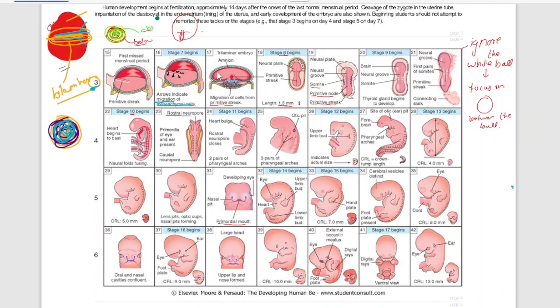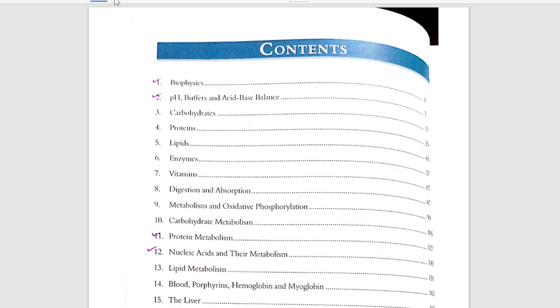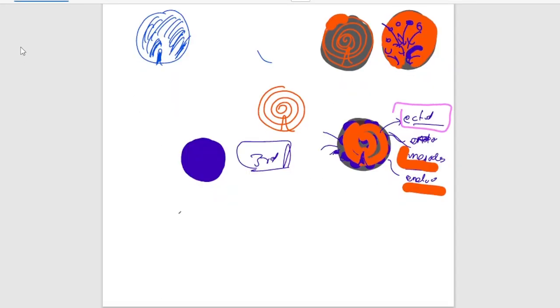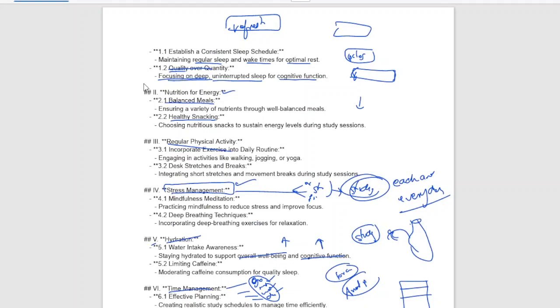Okay, now the ball is cut from this side, so that we see the primitive streak from another side. For example, this is the ball.